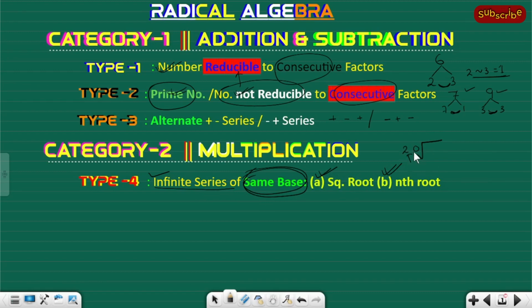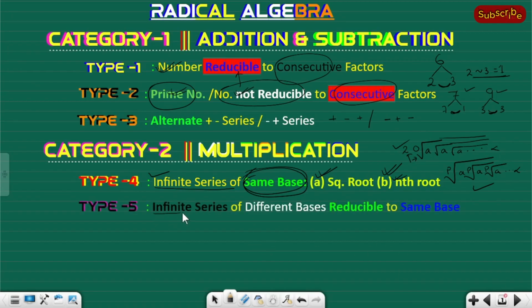Here suppose this is an infinite series of square root. And nth root means instead of 2 we can have any number, 3, 4. Let's suppose p, a. Here the root is p, infinite. For this we have a different method.